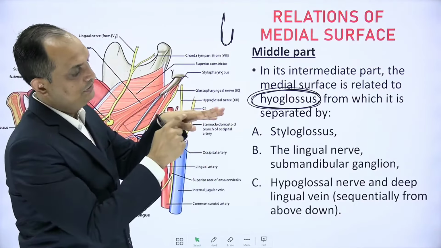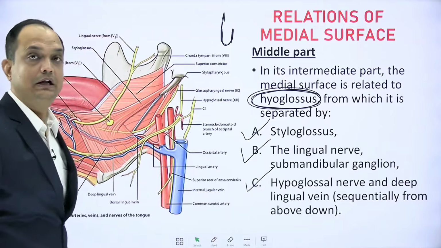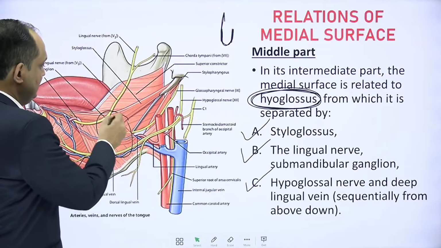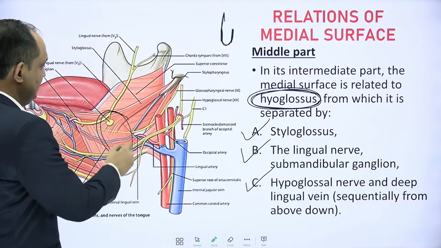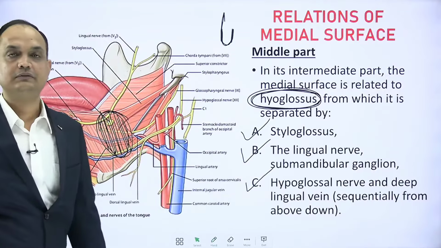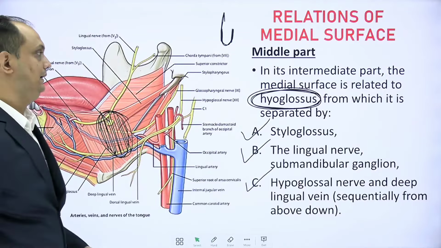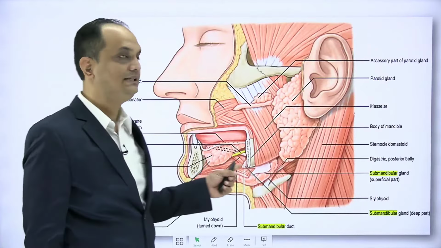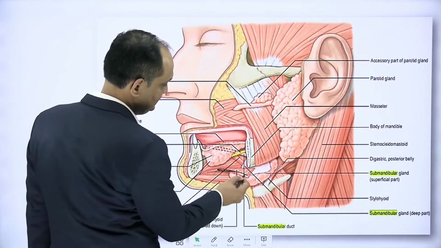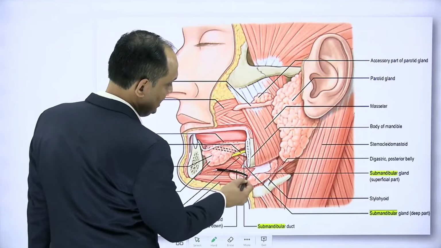So what are they? I just told you: styloglossus, lingual nerve with the ganglion, and hypoglossal nerve with the lingual vein. So here you can see that this area is related with the intermediate part of the superficial part of the submandibular gland. Next, in this diagram you can very well appreciate this is the cut section of your mylohyoid muscle.